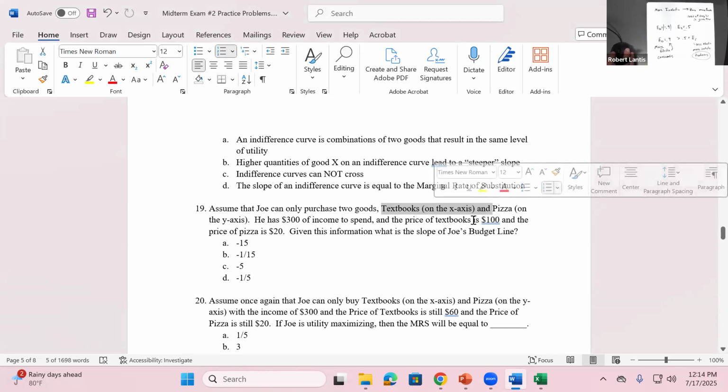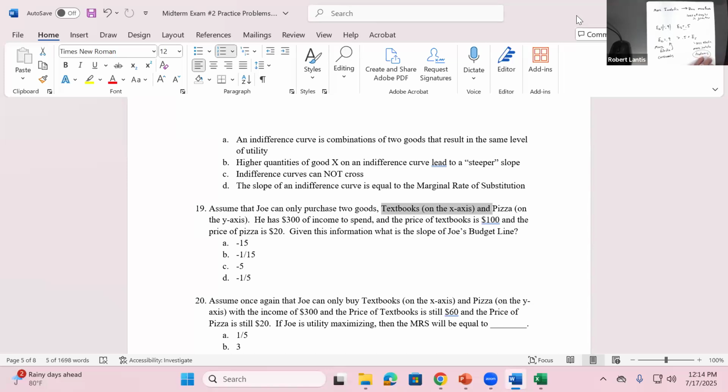It's always going to be the relative price of the x-axis good over the price of my y-axis good. Okay. So I would write this down. And I know it's tricky when we calculate the slope, so I'll write these numbers down to make this point because I want to make sure that this is clear going into that exam.